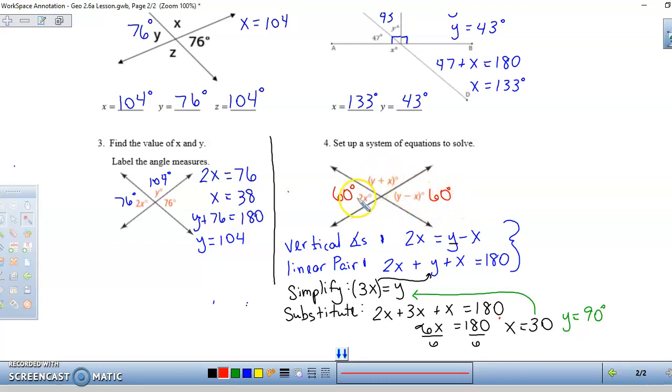Okay, up here, if I do a linear pair, this angle should be 120, so they add up to 180. But if I plug in, I get 90 plus the 30, which is 120, which also checks out. So always check that your answers match in the picture.